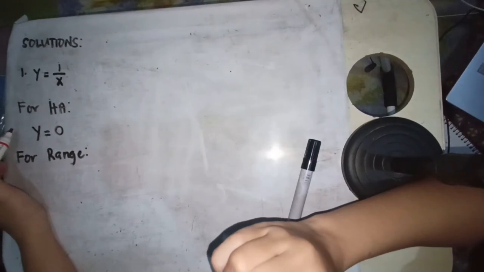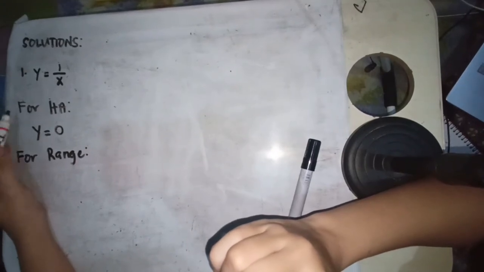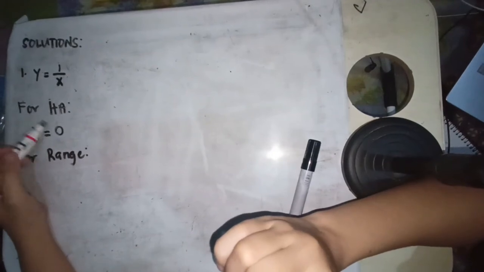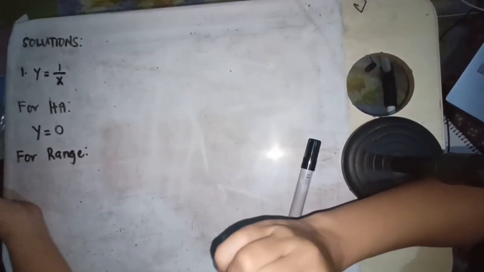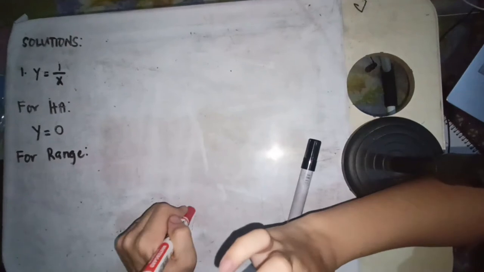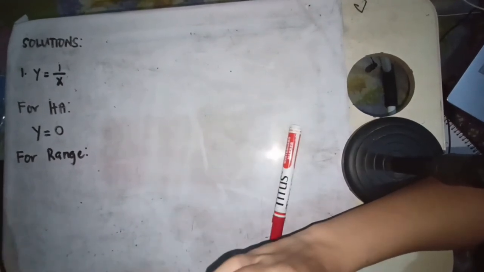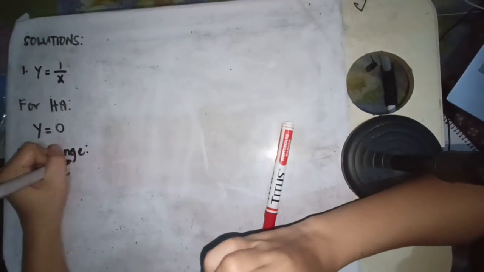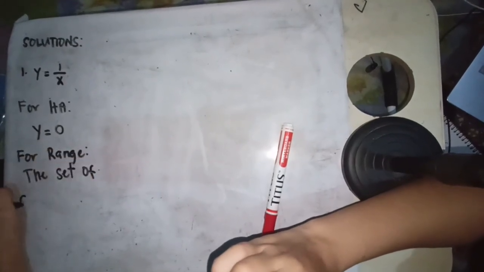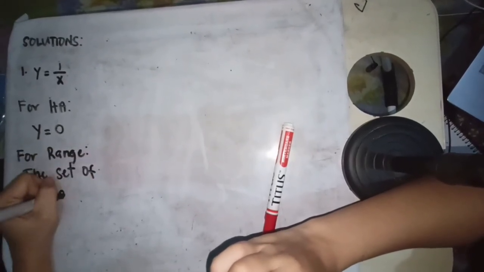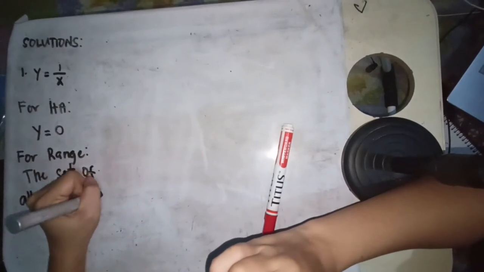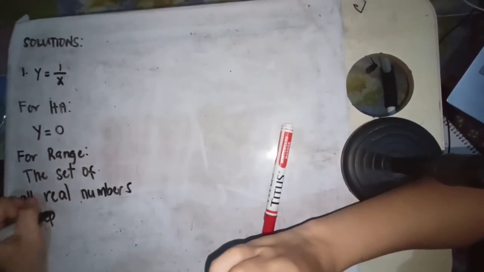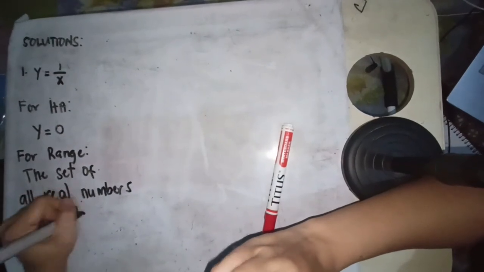no matter what x value you input, we will never find an output or y value of 0. That is our horizontal asymptote. So, therefore, for our range, we have the set of all real numbers except our horizontal asymptote, which is 0.